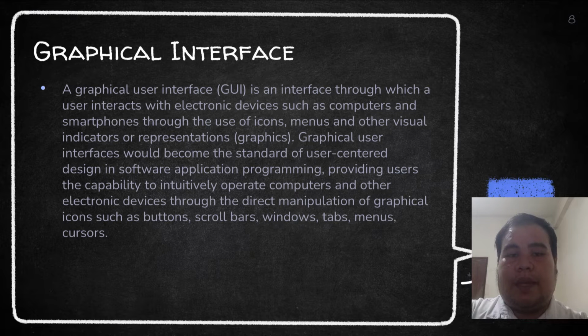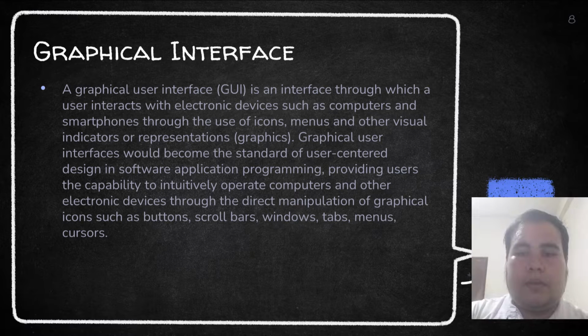Graphical user interface has become the standard of user-centered design in software applications in programming. So, GUI has become the standard because it is much easier to use, since you can just interact with your electronic devices through the use of icons, menus, and other visual indicators.